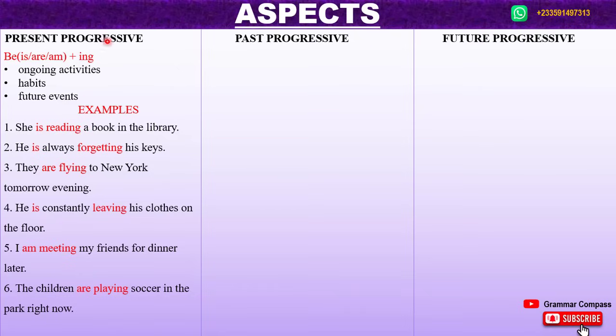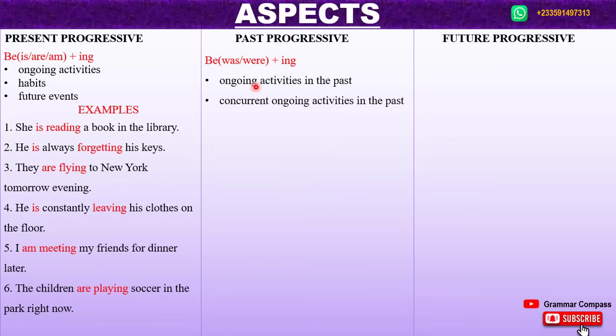If the present progressive aspect is used to express ongoing activities in the present time, what about past progressive? What form of the verb is used? We will use the past form of the be verb, unlike the present progressive, where we use the present form. We will use the past form of the be verb, which is the was or were, and then the ing form of our main verb.